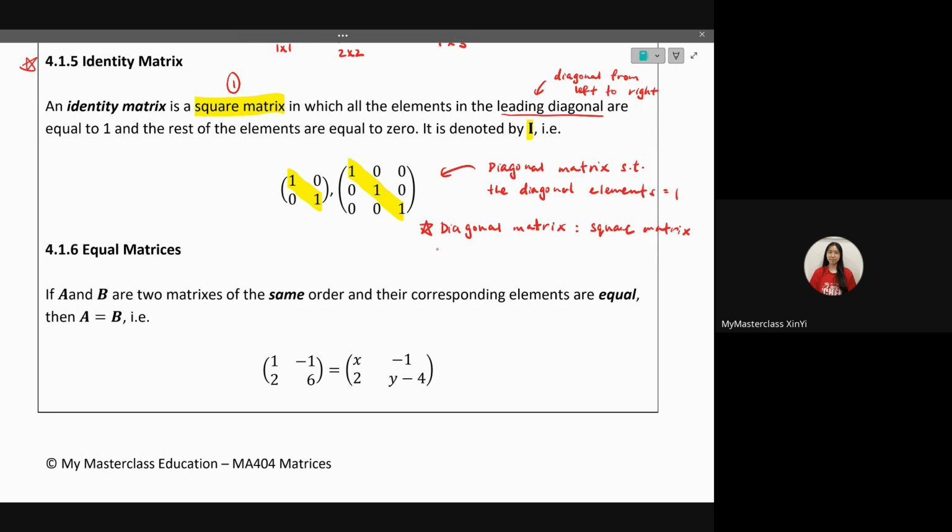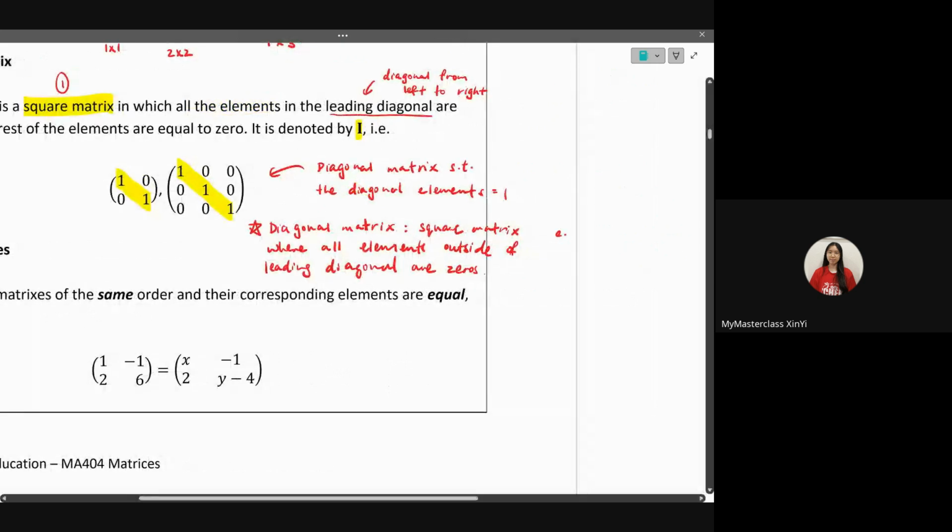Where all elements outside of the leading diagonal are 0. An example could be something like that.